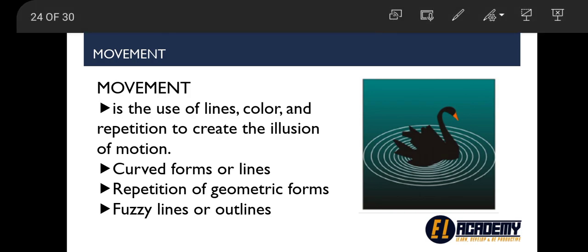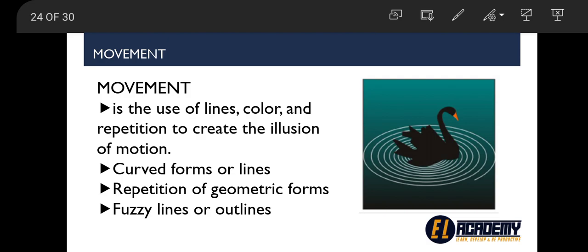All right, then let's look at the first principle, which is movement. This is the use of lines, colors, and repetition to create the illusion of motion. If you remember, when we were looking at the specialties within graphic design, there is one more specialty called motion graphics.